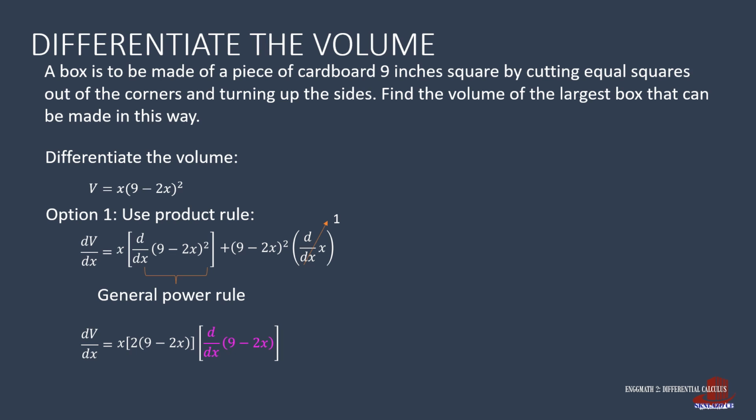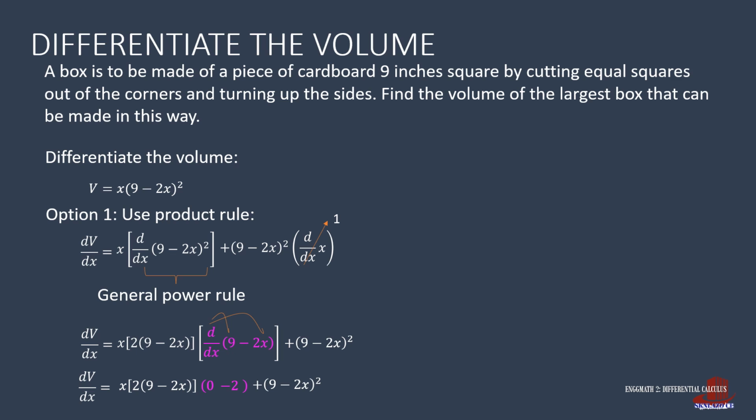Then, through chain rule, we attach d over dx of the binomial before copying the second term, square of 9 minus 2x. Eliminate d over dx by taking the individual derivatives. d over dx of 9 is 0, and the derivative of negative 2x is negative 2. Do not forget to copy the second term.